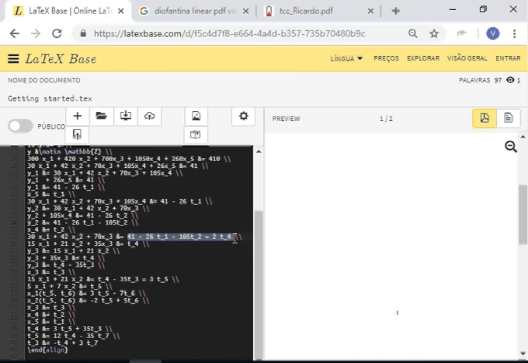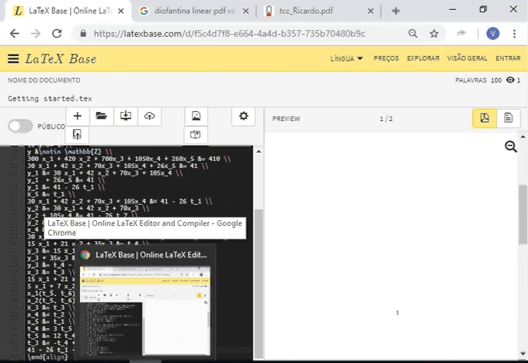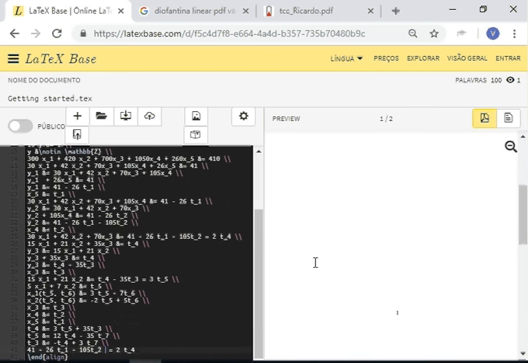41 minus 26 T1 minus 152 equals to 2 T4, and we're gonna solve it for T2 ordinarily.